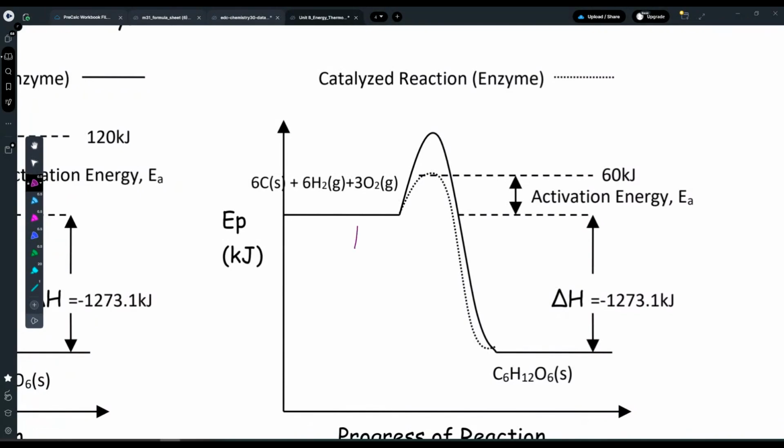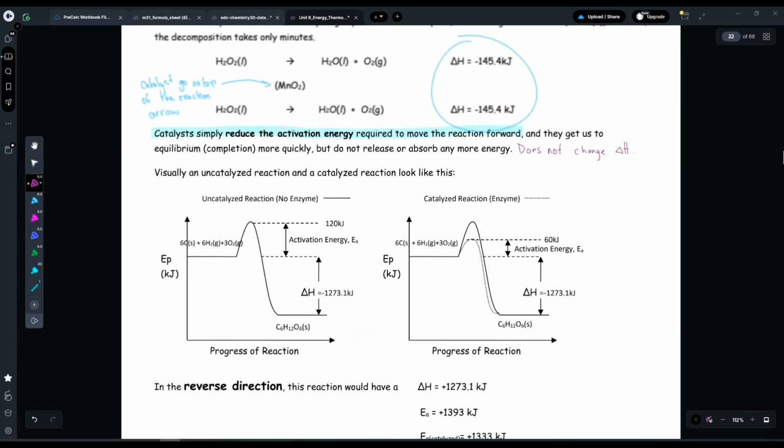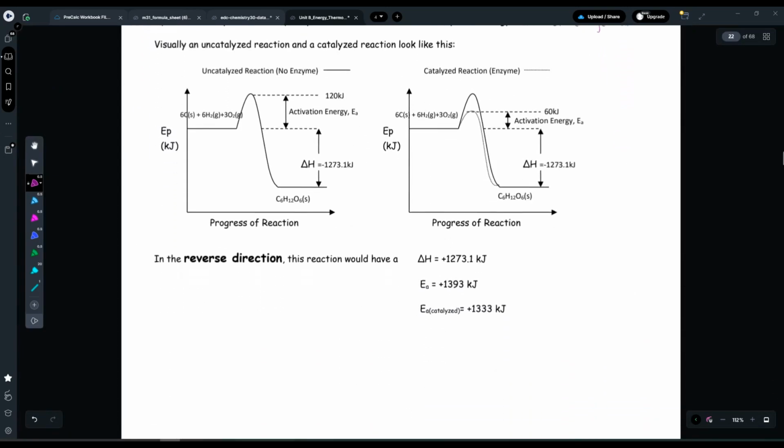The reactants and the products still have the same potential energy. That's why catalysts do not change your delta H, or your change in enthalpy. However, what the catalyst does do is reduce the activation energy required.